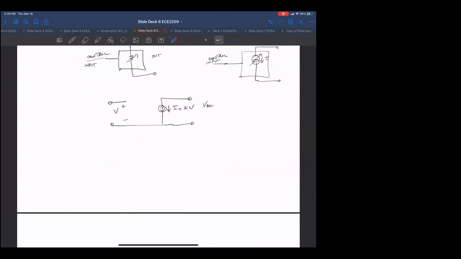One of them is that you have an actual semiconductor device that is like an NPN transistor.